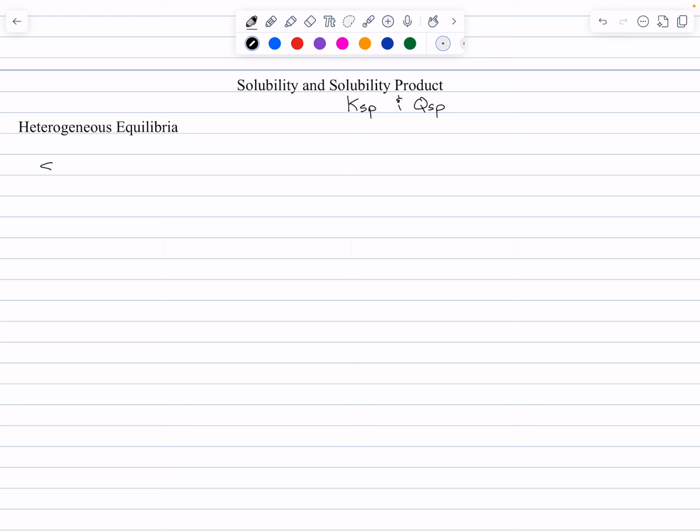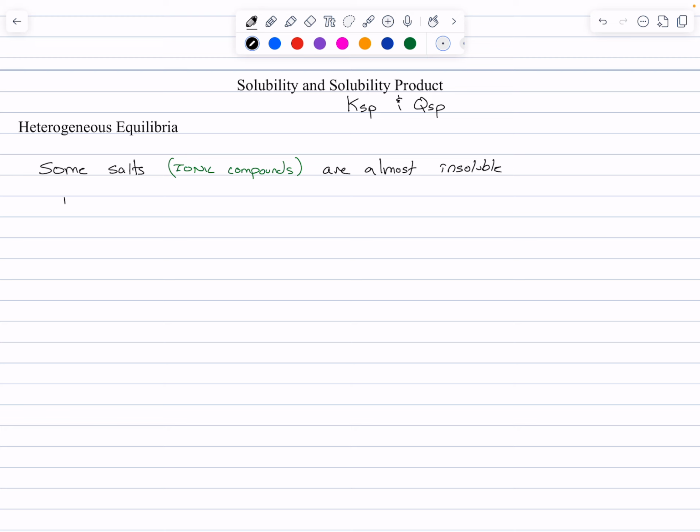So some salts, which are, of course, ionic compounds, are almost insoluble. What do we mean by that?